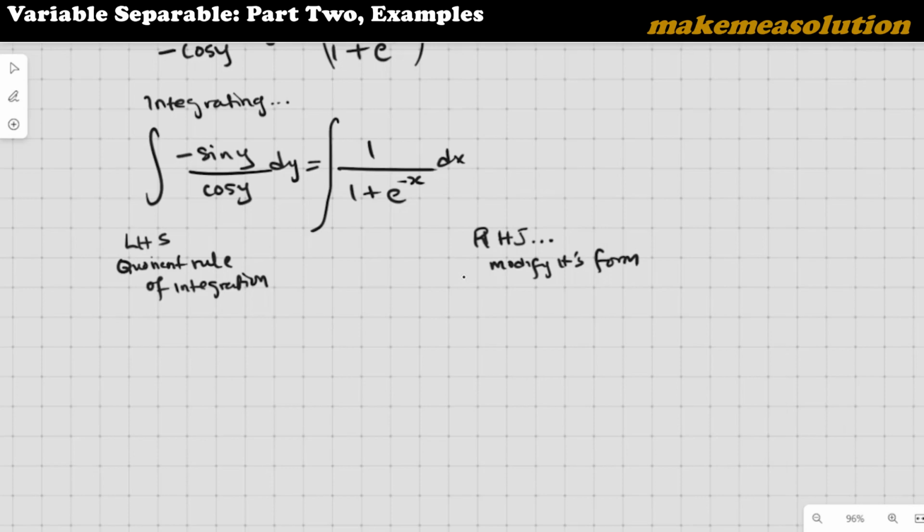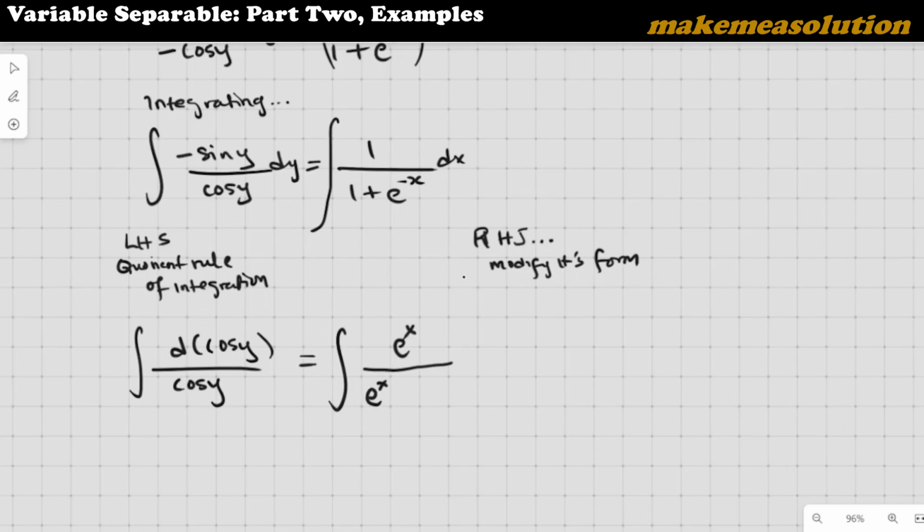Now minus sine y dy is still going to be written as d cos y, right? While on the right hand side, if we multiply every term by exponential x, we get exponential x all over, then 1 times exponential x is exponential x, and exponential x times exponential minus x cancel out to give exponential 0, which is 1, so dx. So you've modified the form of this one.